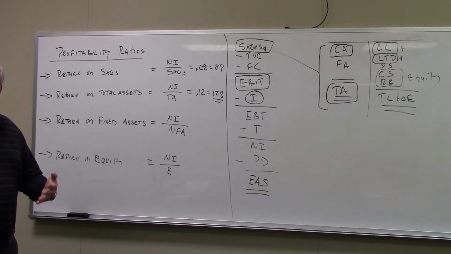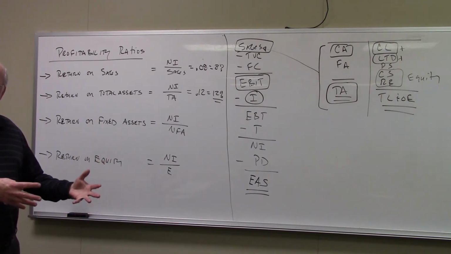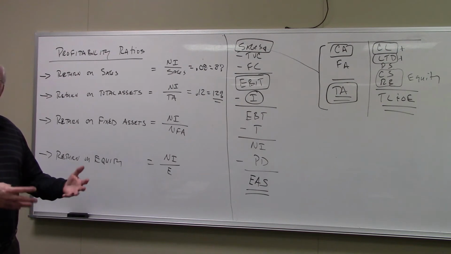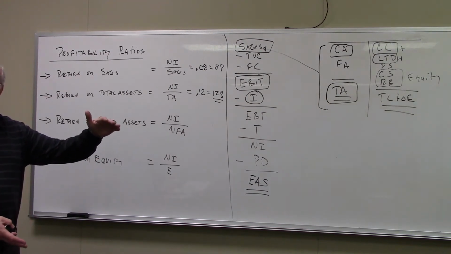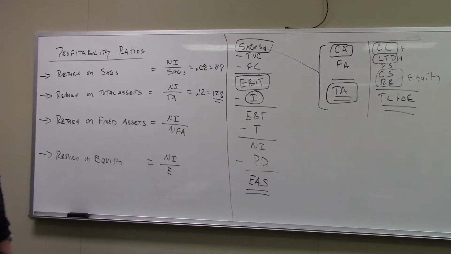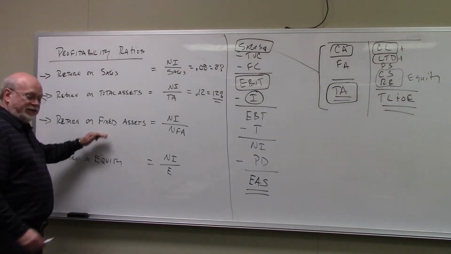The logic there is, again, as a financial manager, you take all the equity and the debt, capital, and you invest it in assets that hopefully generate income. Return on investment, the assets on the balance sheet, that's the investments of the company. And indeed, just like the return on sales ratio, you like return on investments, return on total assets to be as high as possible.